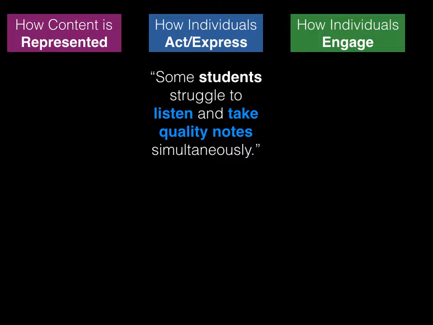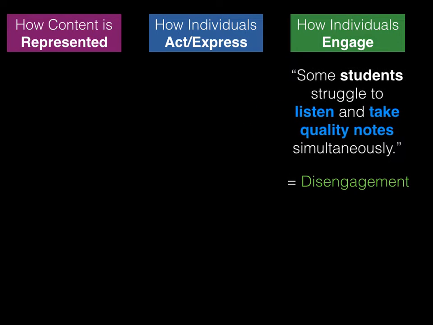Well, somebody might look at this and say, because students are struggling to listen and take quality notes at the same time, a lot of students are going to become quickly frustrated and stop paying attention or stop trying to take notes. In other words, they will become disengaged in either the lesson or the note-taking or both because of their frustration.